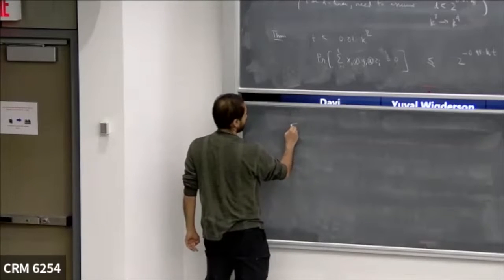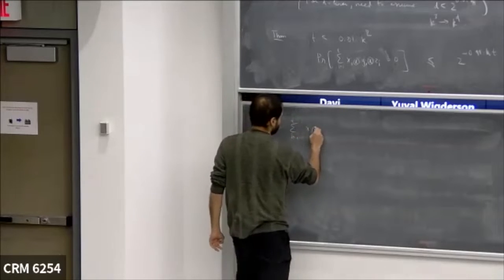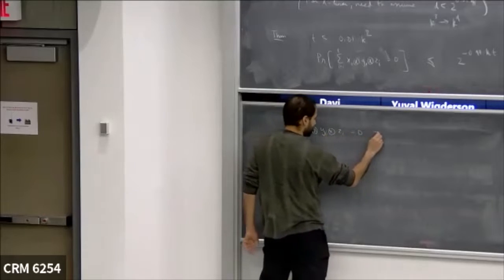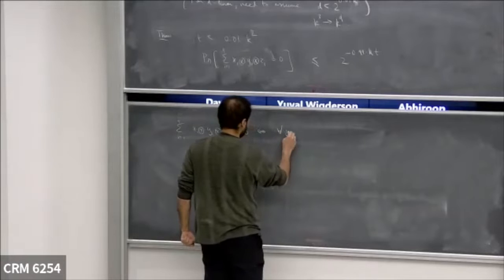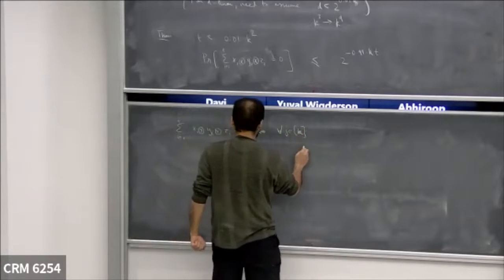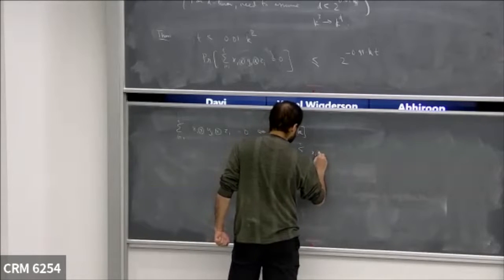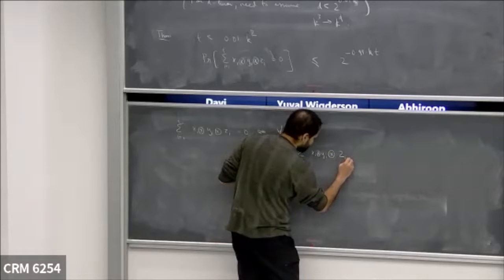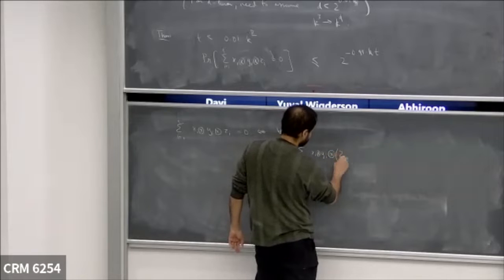So the sum over i going from 1 to t of xi tensor yi tensor zi equals 0. This is the same as, for all j from 1 up to k, the sum over i from 1 to t of xi tensor yi tensor the jth coordinate of zi equals 0.